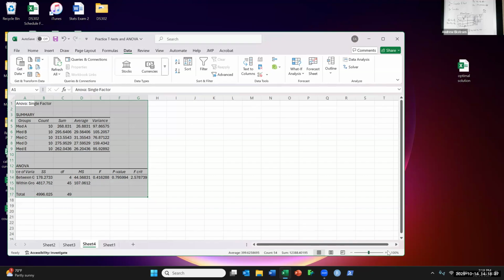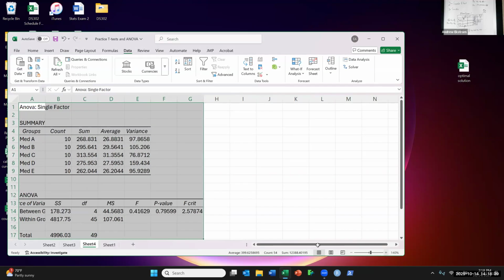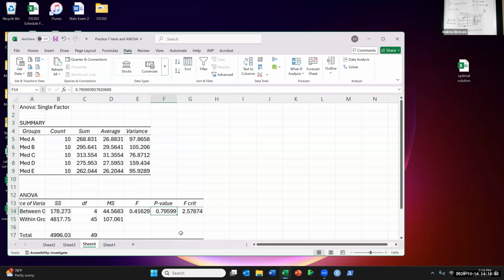Now I have all of my information here. And again, we see here that the p-value is well above 0.05 or 0.01, whatever number we're actually looking at. So that's telling us that there doesn't seem to be a statistically significant difference between any of these groups.